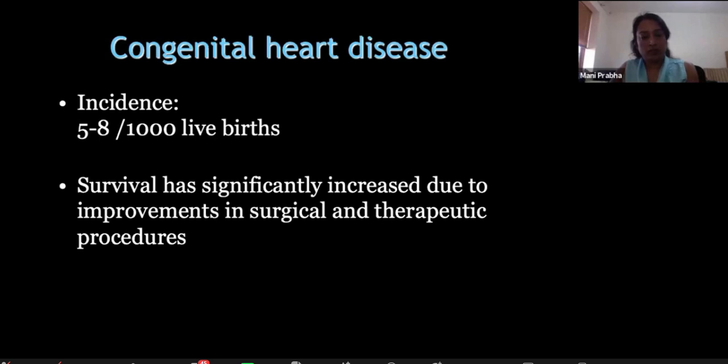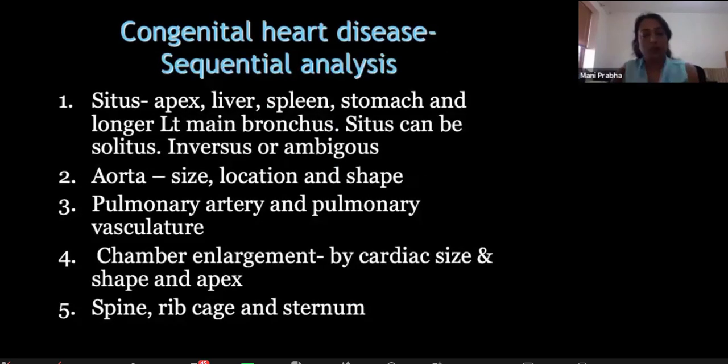So incidence is quite a bit, and survival has increased due to improvement in surgical and therapeutic procedures. So we should do a sequential analysis, and if we do, we are unlikely to miss the findings.